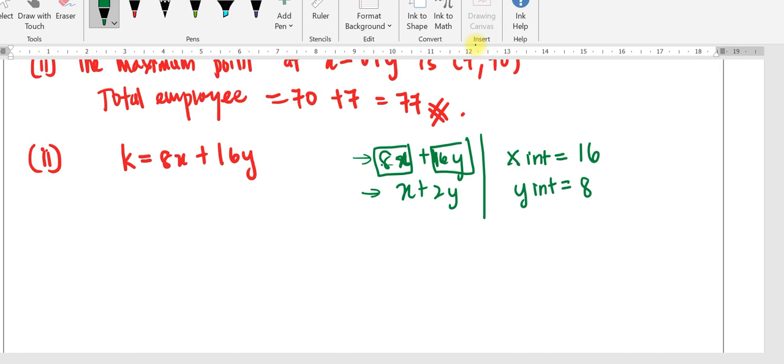If you take the second equation, okay, meaning your coefficient of X, here what is it? 1, right? 1X will become Y intercept. Your coefficient of Y will become X intercept. Okay, plot this.